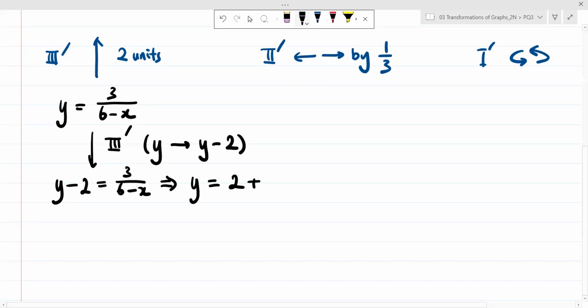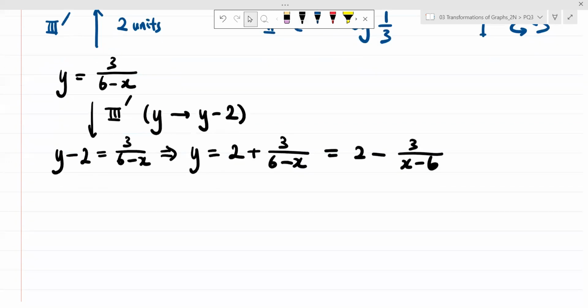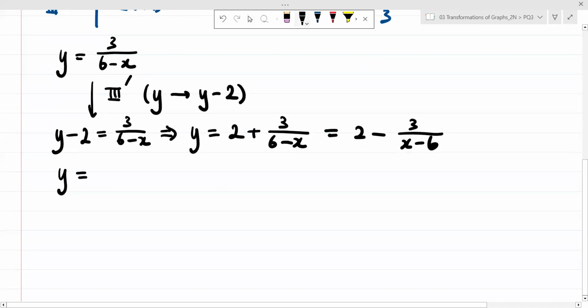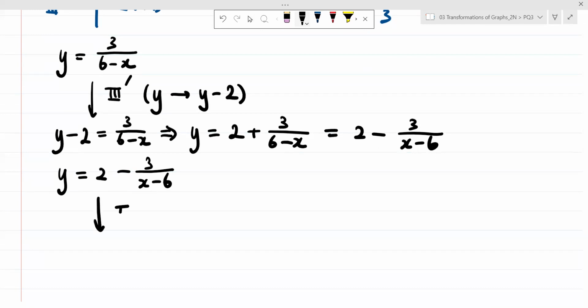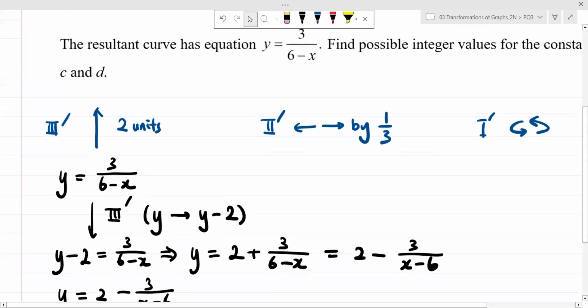After you have done that, you can feel free to simplify as such before you activate the next one. If you don't like negative signs, you can also do this. But if you are very careless with your negative signs, then I suggest you don't do this. Next, we go through 2'. What was 2'? Scale parallel to x-axis by a factor of 1/3.